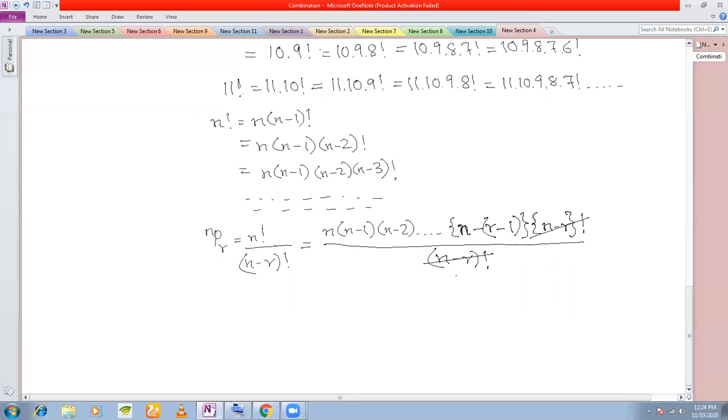Therefore, these two, n minus r factorial, are going to cancel. What are you left with? n into n minus 1, n minus 2, up till n minus r plus 1.